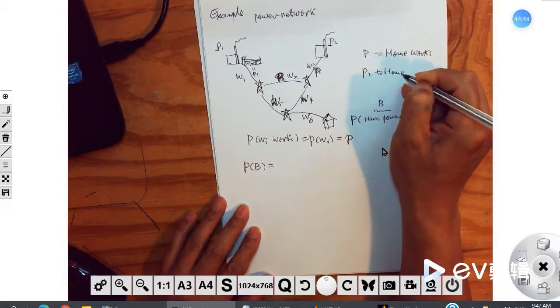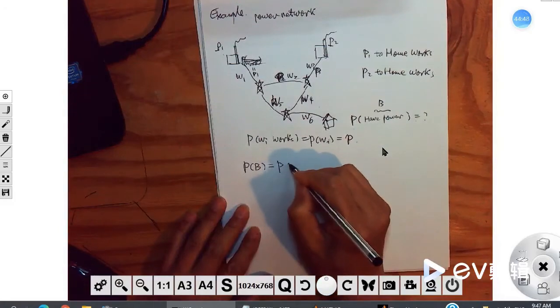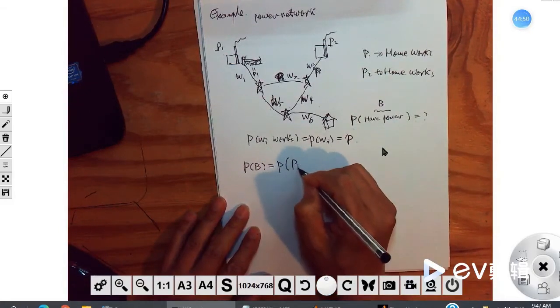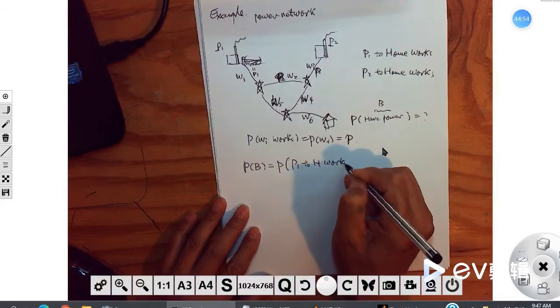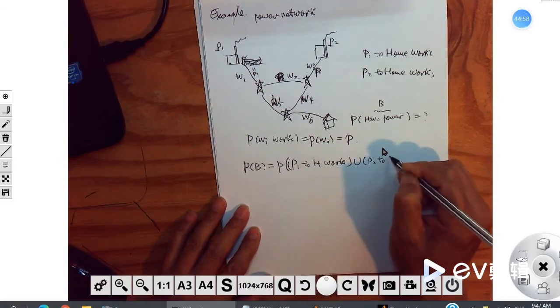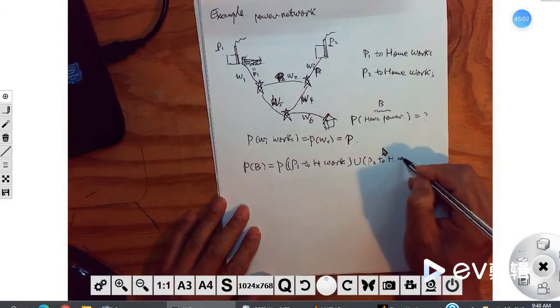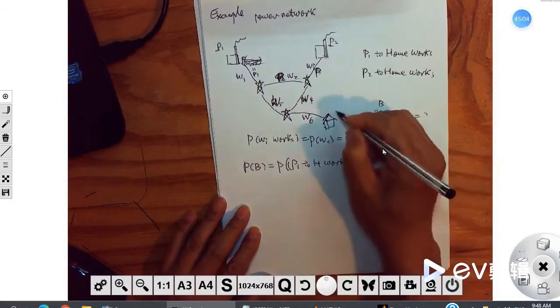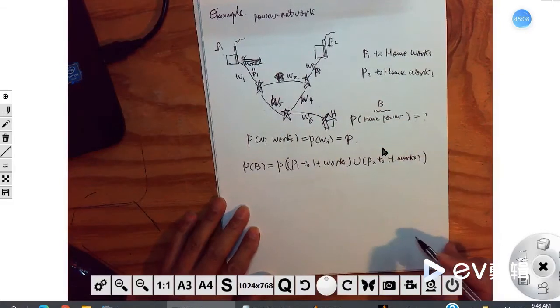We have these two. I write this probability of P1 to home work, or P2 to home works. You did home H to home works. So this is H. We have these two. We need both works.